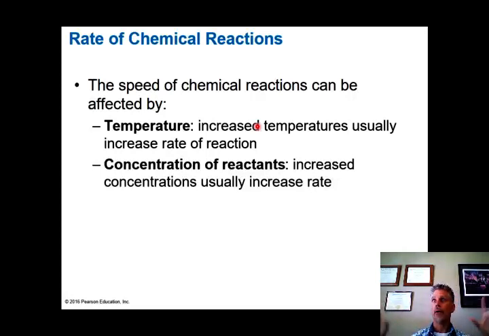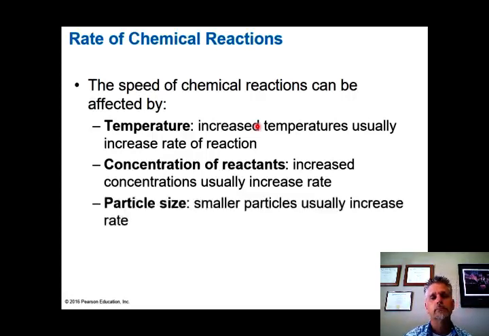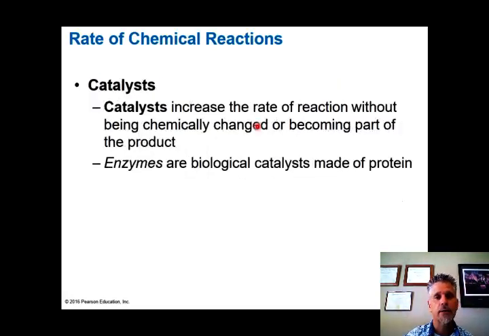If you're looking for atoms or molecules to hook up, it's like going to a party where you're looking to meet people and there's only a few, well, you're not going to have many reactions. But if it's really crowded, you have a lot more chances of meeting up with people. Particle size as well. Smaller particles are usually going to increase the rate because we have these small particles bouncing around and interacting, etc.